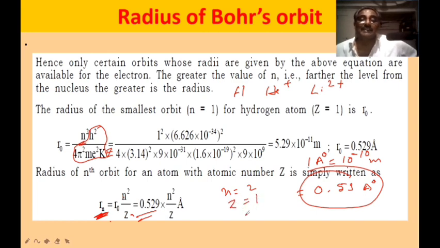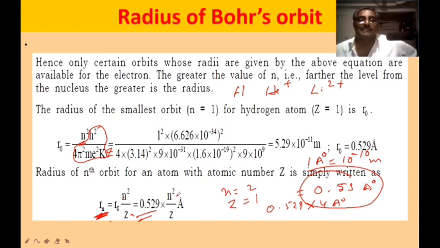Then we get the radius of which one? The second orbit. n square is equal to 4, Z is equal to 1. So the radius of the second orbit will be 0.529 into 4 angstrom units. For the third orbit of hydrogen, n is equal to 3, so it will be 0.529 into 9 angstrom units.